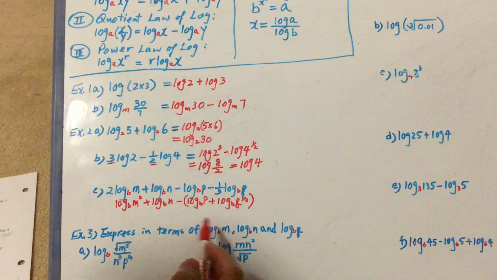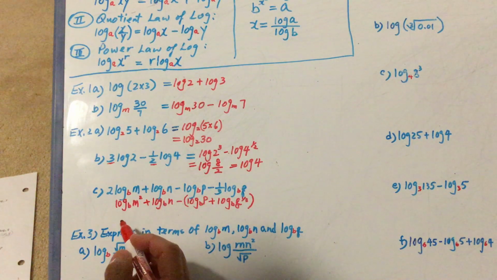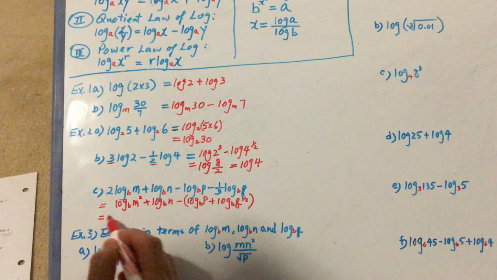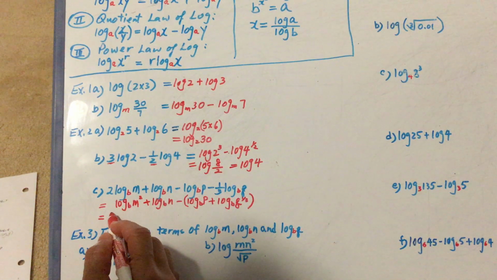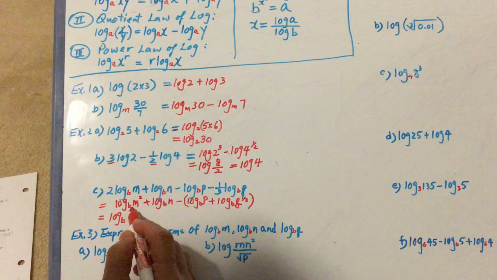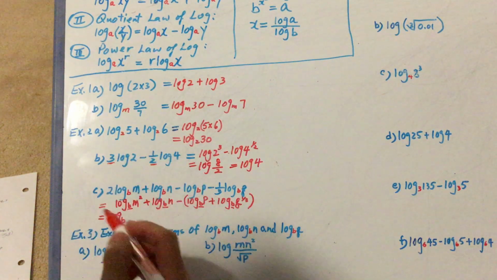Okay, so this will make it much easier to look at when you do your final step. You're going to have everything under the log with the base b. All of these terms have a base b, so that means I can combine them.